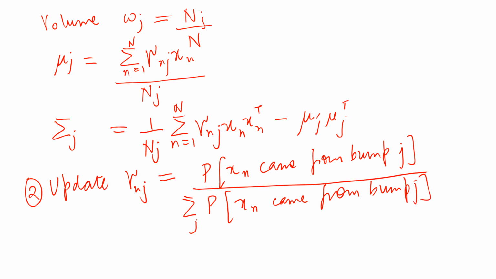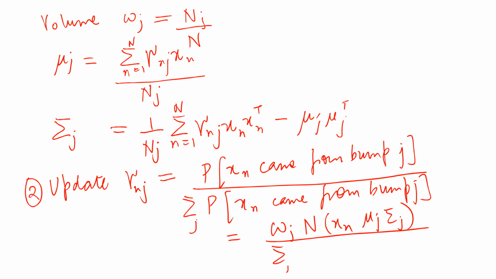Which in turn can be rewritten as, let me write it down first, w_j N(x_n | mu_j, sigma_j) over the sum over all j's of w_j N(x_n | mu_j, sigma_j). So what is this w? This w is the probability that a point is generated from bump j, correct?